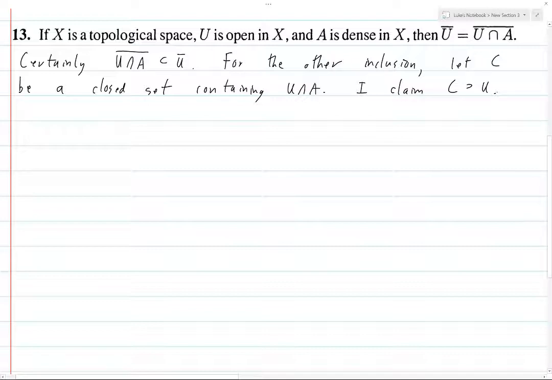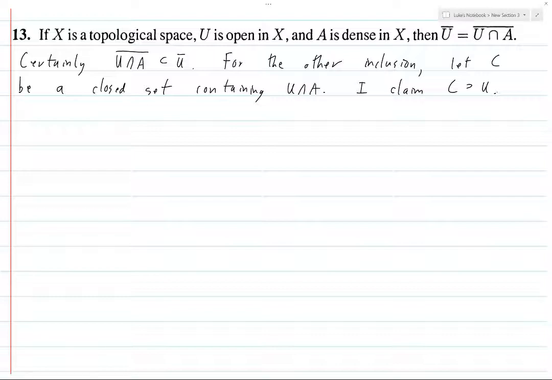This will mean that if we're taking the intersection of all closed sets which contain U intersect A, then all of these sets contain U. So any closed set containing U intersect A contains U.